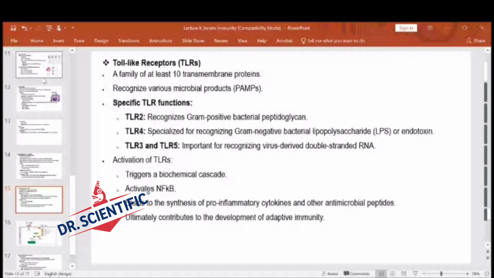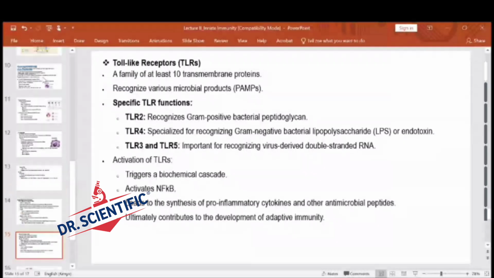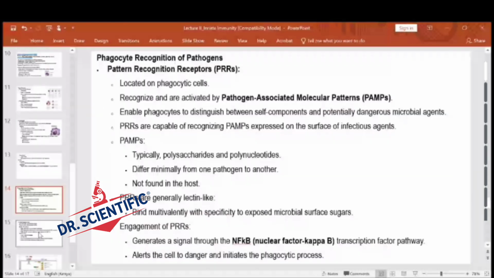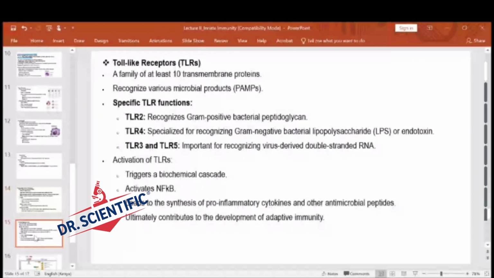Is there anybody who saw number 10? I didn't see toll-like receptor 10. So they're about 10, maybe 10 is not there. Or you can search and see what 10 does. Either there are 10 or 11 thereabout, and probably a new one has been discovered. I don't know, I've not gone through that.